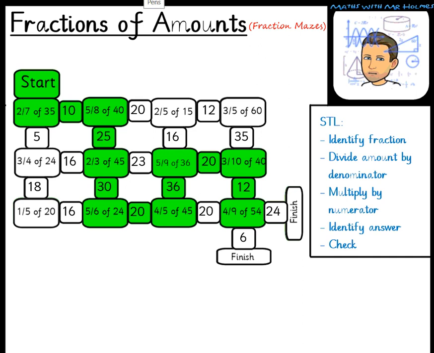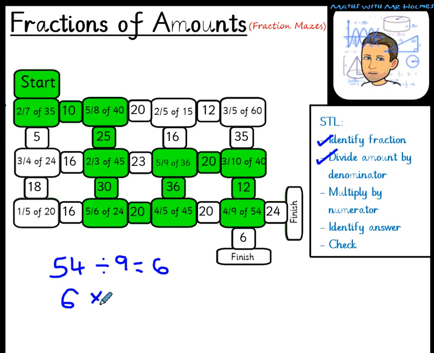Now, fraction is 4/9. We have our whole amount here, which was 54, and we're going to divide that by our denominator, which is 9. 54 divided by 9 equals 6. I know 6 times 9 is 54. Let's multiply that answer by the numerator.